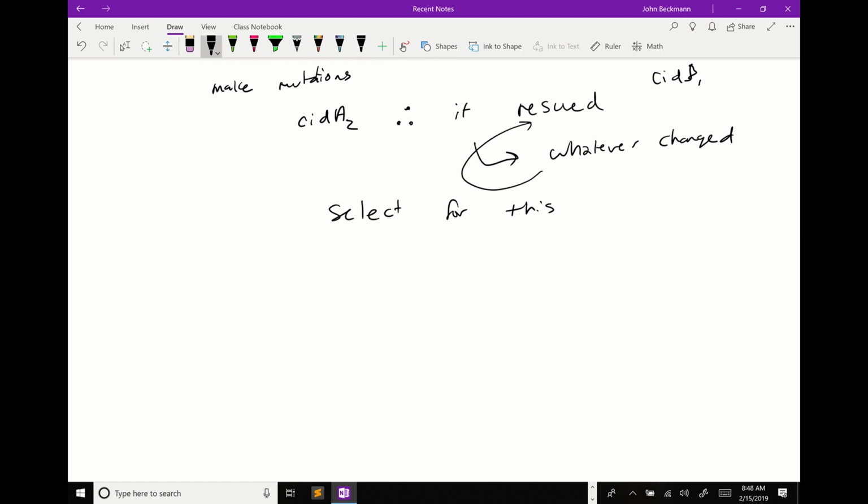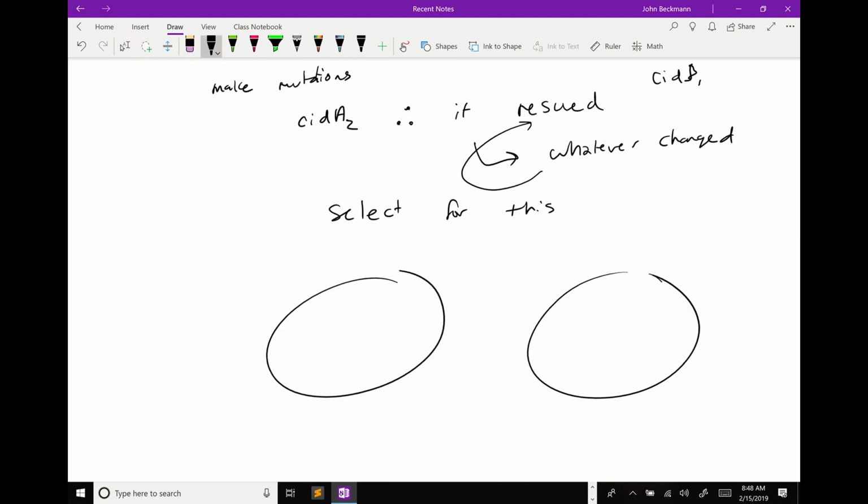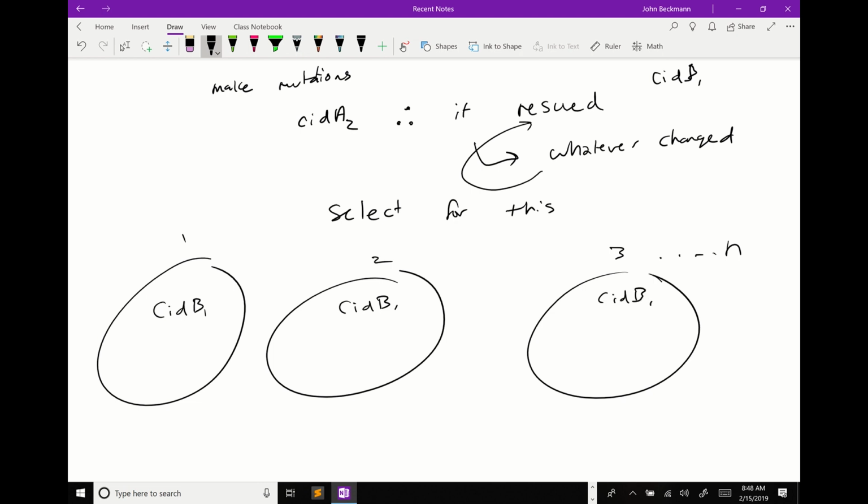If I take a yeast cell, let's say just an example 3 to the n. So 1, 2, 3, a million yeast cells. And in every single one of these yeast cells, I have SID-B1, SID-B1, SID-B1. And I also transform plus randomly mutated SID-A2. So this is SID-A2 with a mutation here.